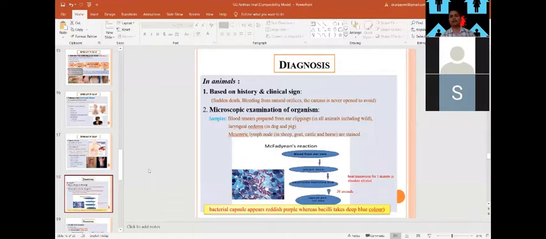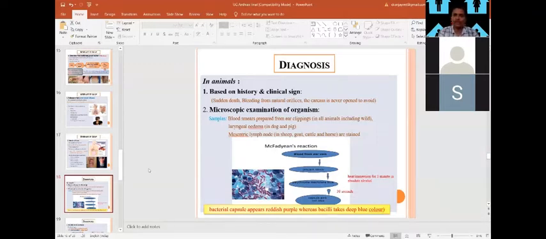In simple words, a postmortem examination should never be performed in a case of anthrax. If by chance a postmortem examination is performed, the most peculiar lesion found inside the body is splenomegaly, but postmortem examination is not recommended.